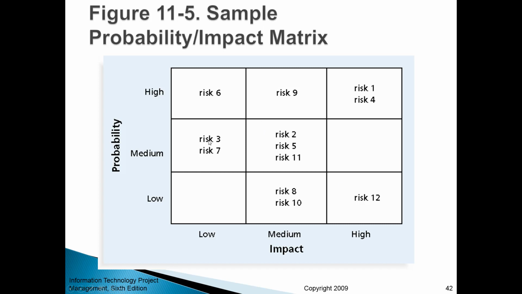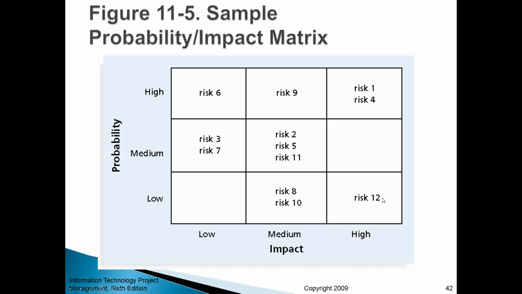So here we have a bunch of risks listed, let's say from 1 to 12. So we have a total of 12 risks. Then each risk is placed in a quadrant that shows, first of all, its probability, low, medium, or high, and impact, low, medium, or high. So once you classify your risks as follows, then you can attach certain weights to those categories, and then you can come up with numbers.